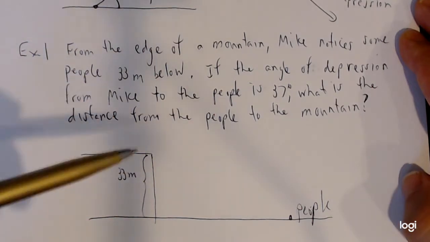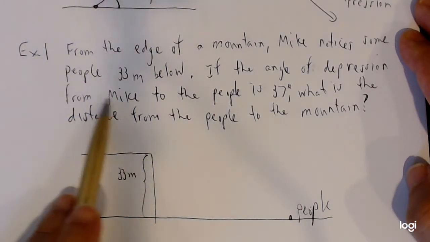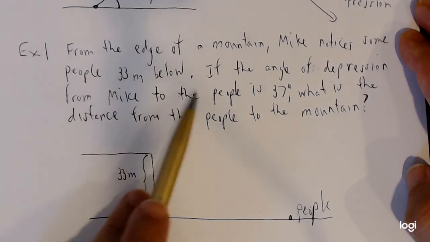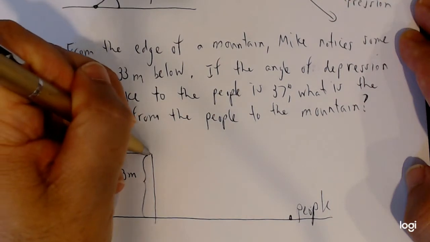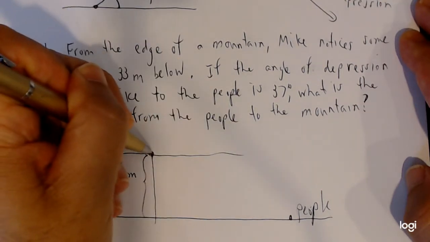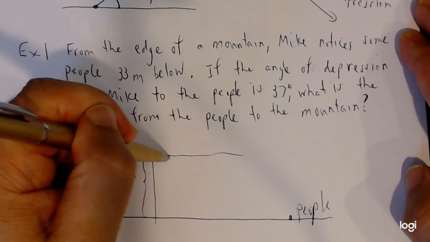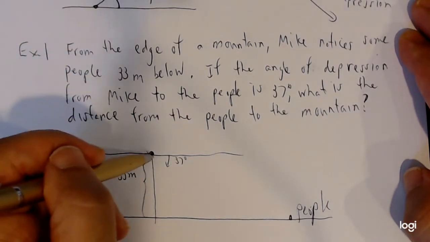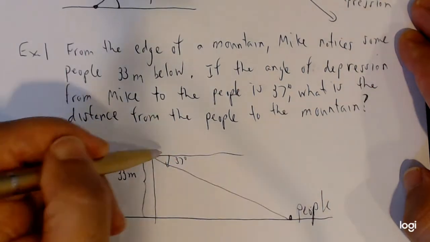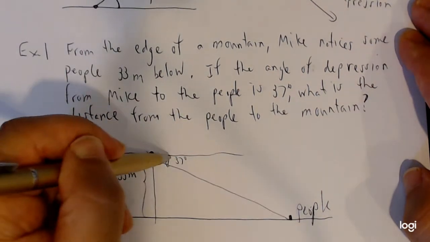If I draw my horizontal line, here's where Mike is. If I go down 37 degrees, that's my angle of depression, and I'll reach the people.